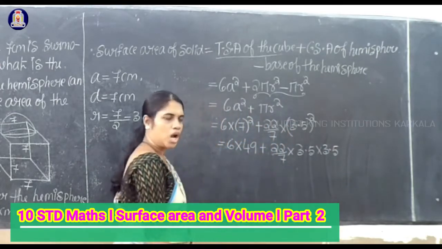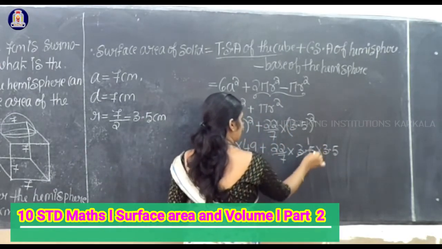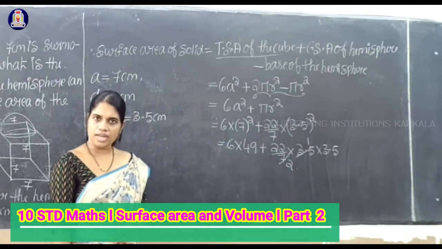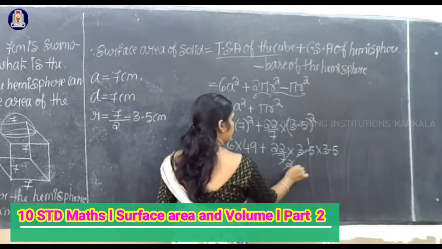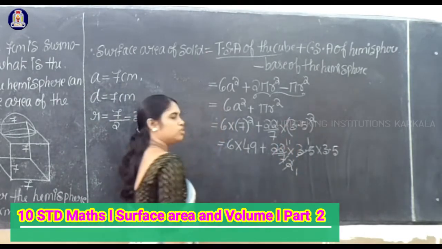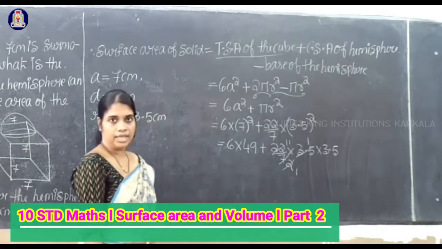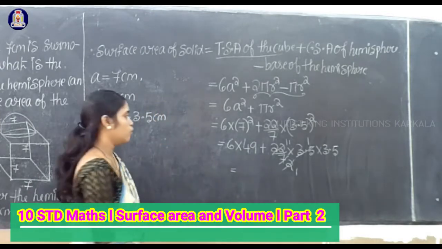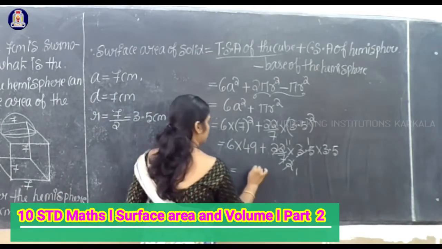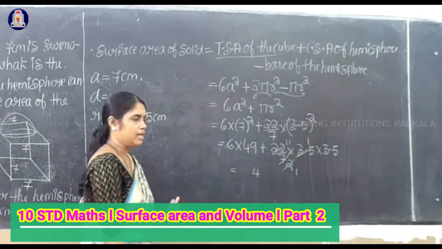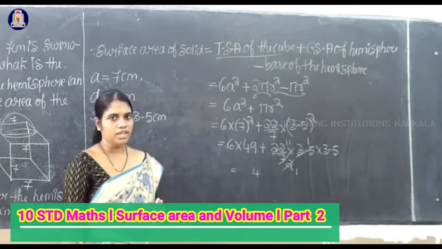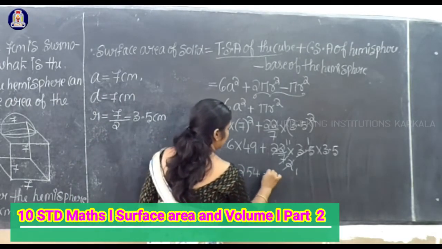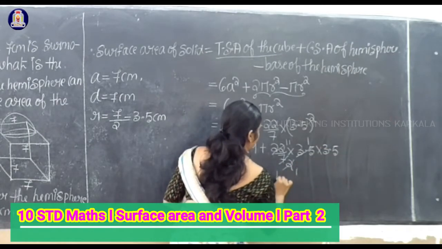So 22 by 7 into 3.5 into 3.5 simplifies to 11 into 3.5.